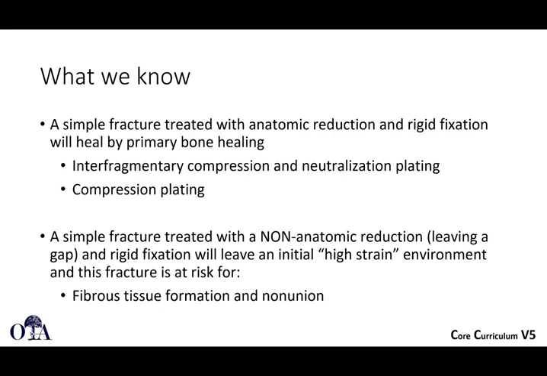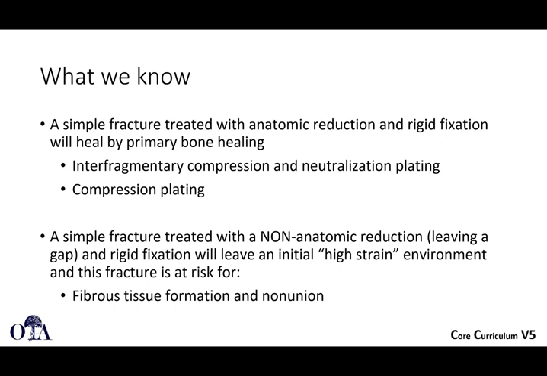So a simple fracture, like a short oblique fracture treated with anatomic reduction and rigid fixation, can heal by primary bone healing. You've got to get interfragmentary compression, and then oftentimes if it's a diaphyseal fracture, neutralized plating or compression plating. And if you have a simple fracture that's not anatomically reduced, with a gap, and then you also do rigid fixation, you will have a very high strain environment.